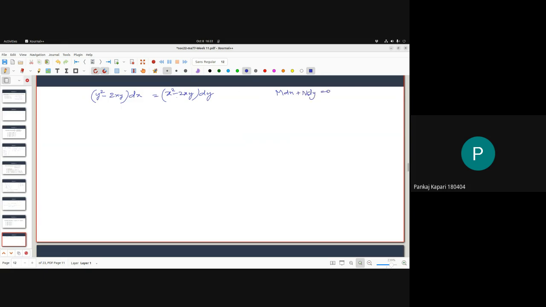So we'll take the right hand side term to the left hand side, which is same as (y square minus 2xy) dx plus (2xy minus x square) dy is equal to 0. Okay, so let's call this function M and this function N.